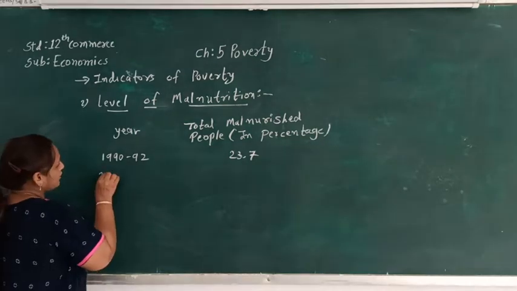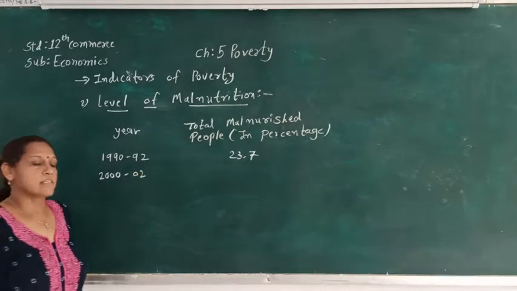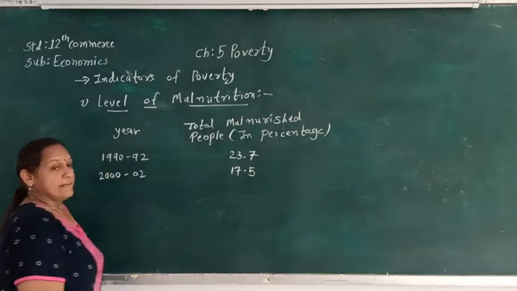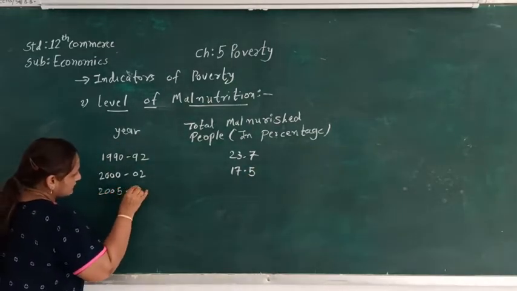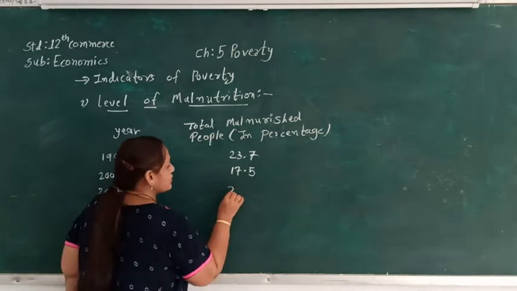And for 2000-2002, it was 17.5%. And for 2005-7, it was 20.5%.